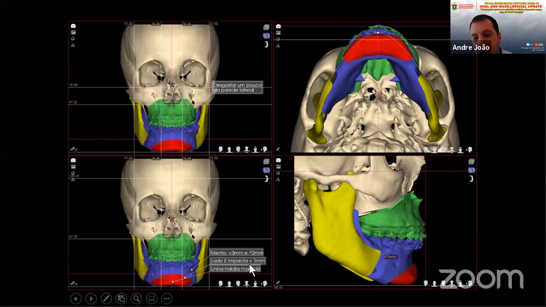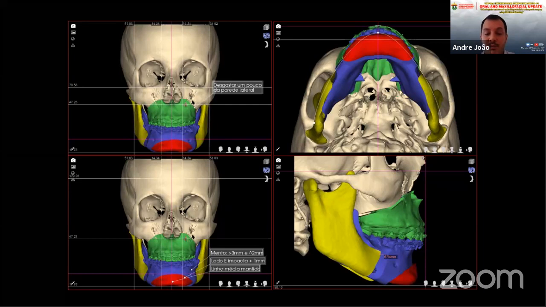I have an idea how my bone contact will be after osteotomies, and we can plan and align all the movements, all the osteotomies that we're going to do. You can see the patient in any position that you want. I think it's the main thing that helps us to do a better planning.